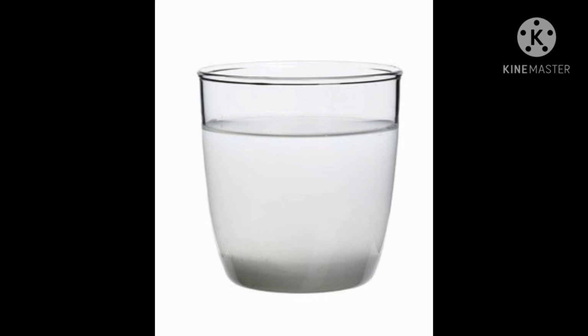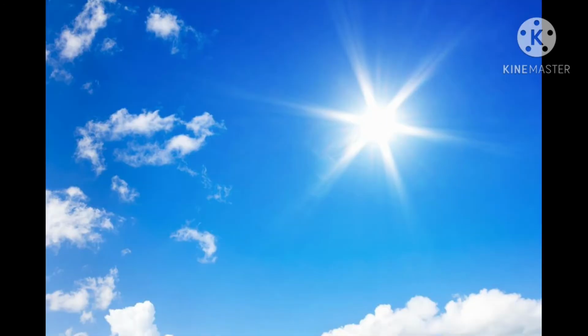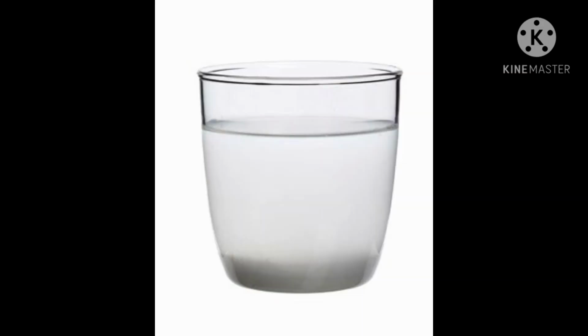Okay children, understood? Now second question. What could be the reason behind the decrease or increase? Water decreased due to solar heat. Water increased in the container to which we added water, and evaporation is also very low inside the room because sunlight does not directly enter the room.